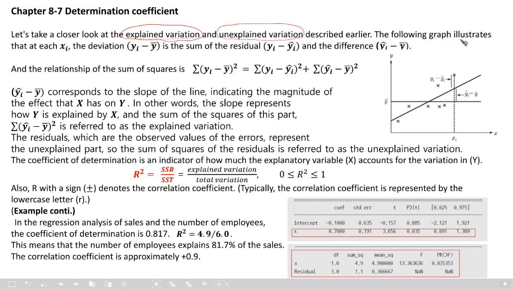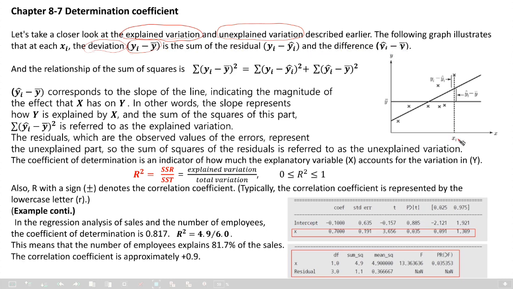The following graph illustrates that at each xi, the deviation is what? Sample values minus their mean, y bar. It is always a deviation. Deviation is the sum of the residual, yi minus yi hat, and the difference yi hat minus y bar, right?